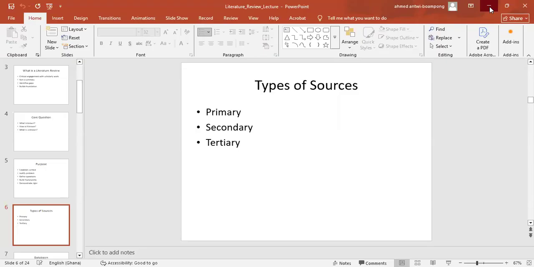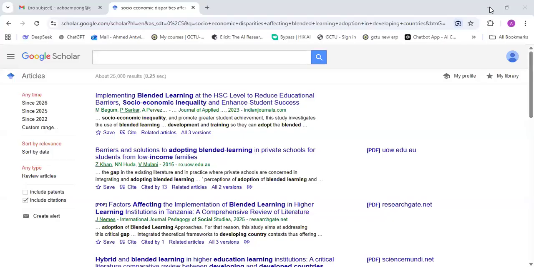Yes, but the types of sources, oh, the slide. Is the slide what you can see? Yes, sir. Hold on. Let me close this, stop sharing this, and then let me share this. It's important that I let you see what's right. Okay, you can see my Google Scholar screen.